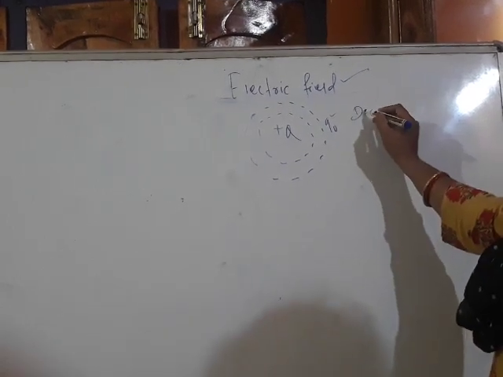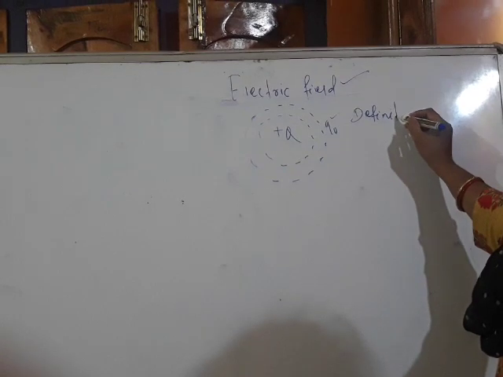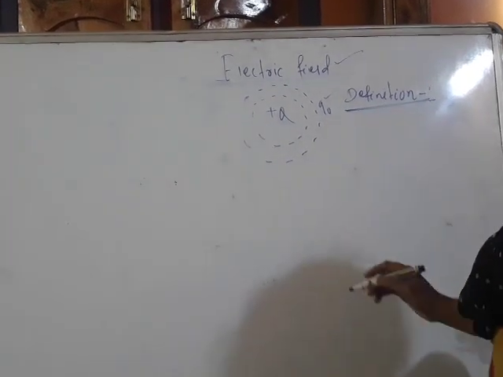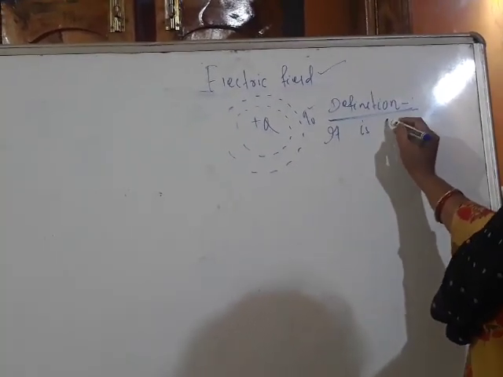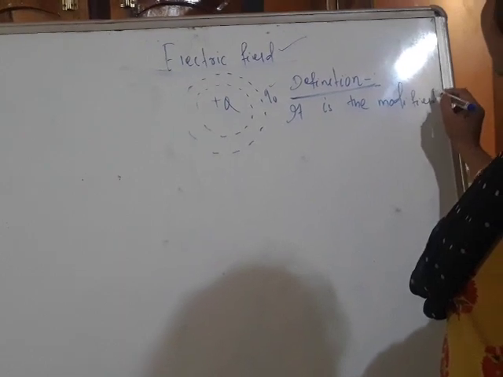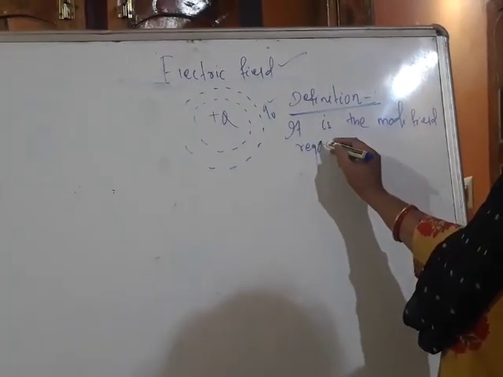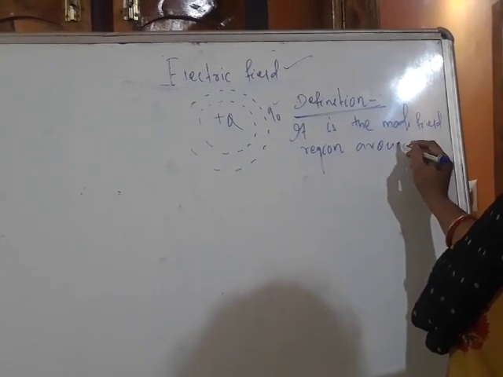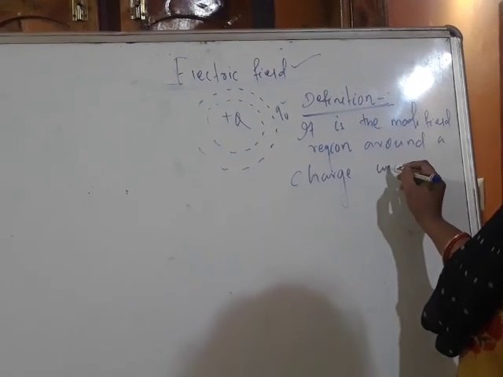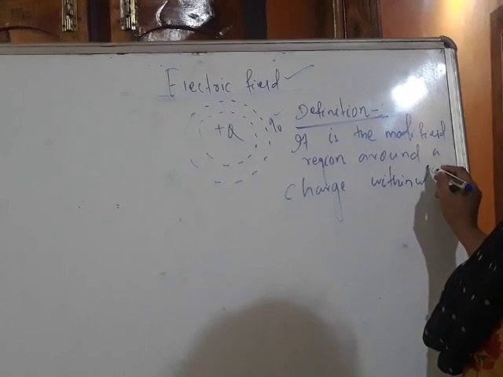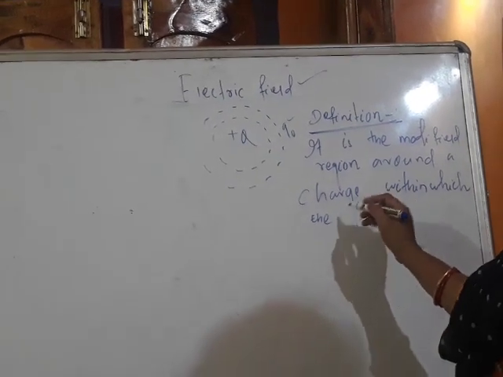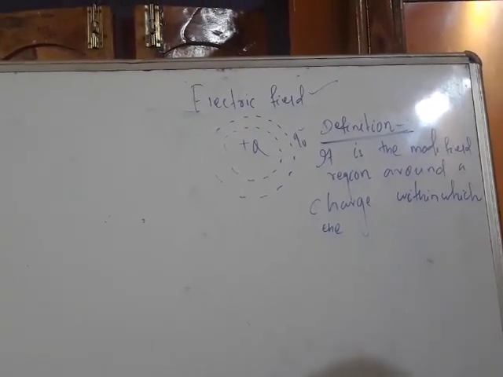Or in simple sentence, we can say the definition of electric field is that it is the modified region around a charge within which the influence of the field or the influence of the charge is felt.